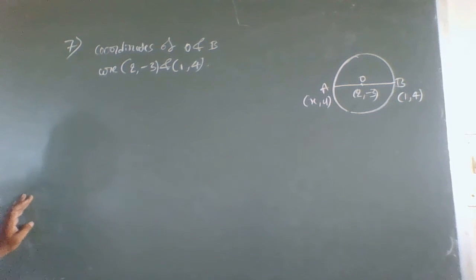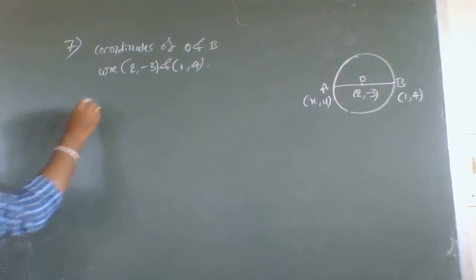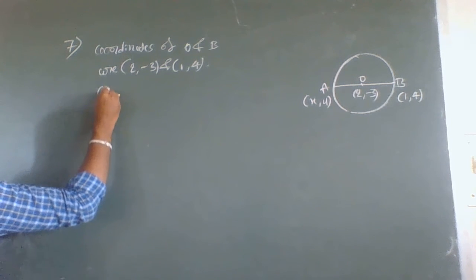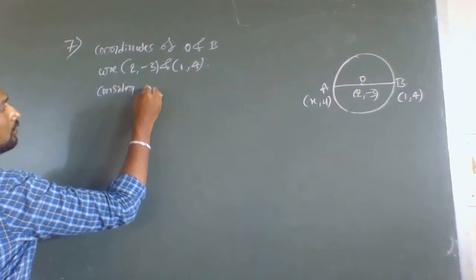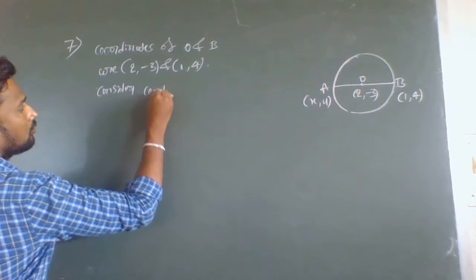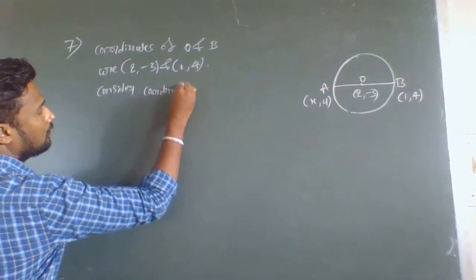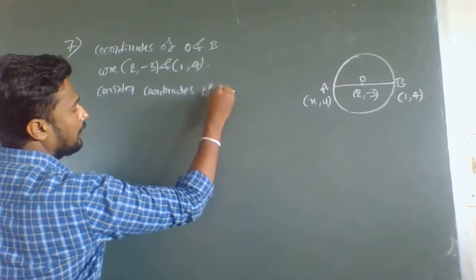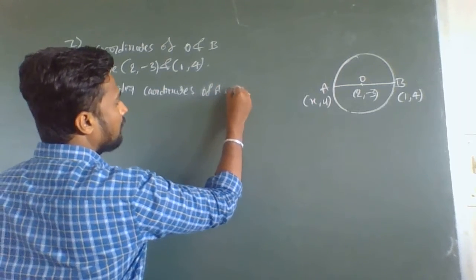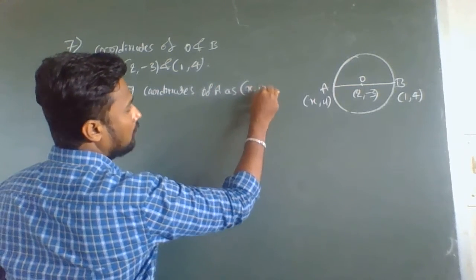Below this I will write: consider the coordinates of A as x comma y.